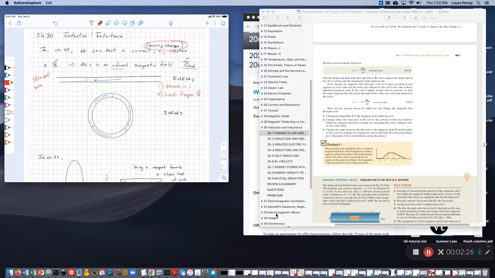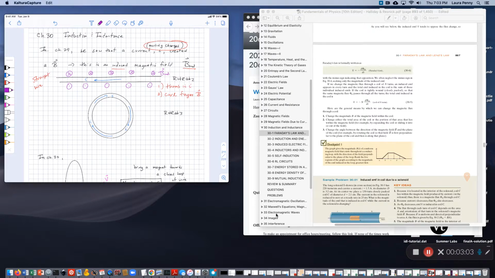You basically grab that wire with your thumb in the direction of the current. My fingers would curl around, and this is a circular magnetic field. At the top, my magnetic field would be going in above here, and underneath the wire, my fingers would be curling back out, and so the magnetic field would be out below the wire. And so this is our induced magnetic field.